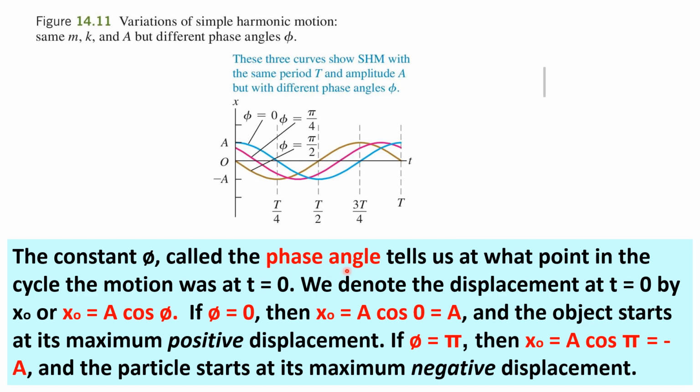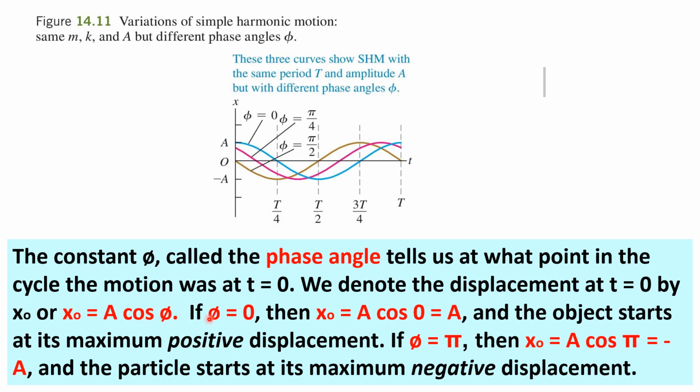This phase angle tells us at what point in the cycle the motion was at time equals 0. We denote the displacement at time equals 0 by x naught. So x naught can be expressed as A cosine of angle phi.